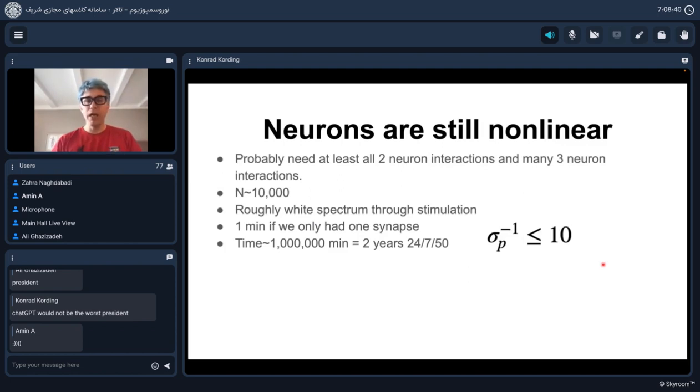Now, to be clear, neurons are still nonlinear, and it's probably not enough to just say every one of those 302 neurons is a weighted average of what the presynaptic neurons do. There are almost certainly going to be interesting nonlinear interactions. So you'd probably want to be able to stimulate every pair of them, or potentially stimulate lots of subgroups.